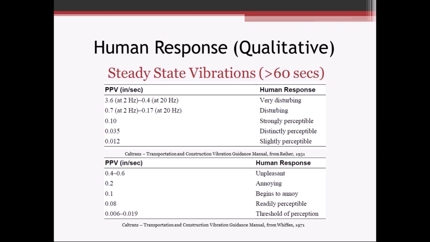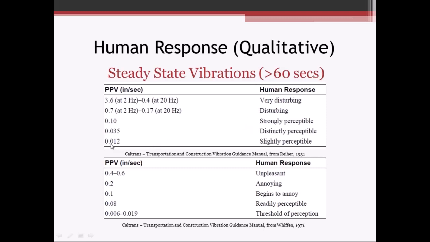But here we can see some of this is pretty old research. I got this from a Caltrans manual for construction vibrations. But you can see here, different peak particle velocities. Obviously, as the peak particle velocity increases, it becomes much more disturbing and more perceptible.